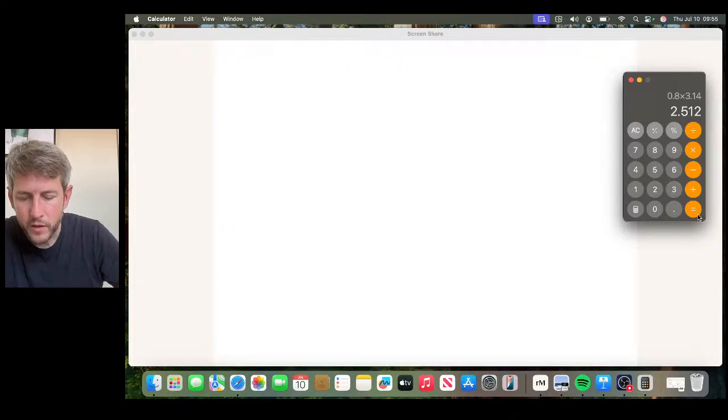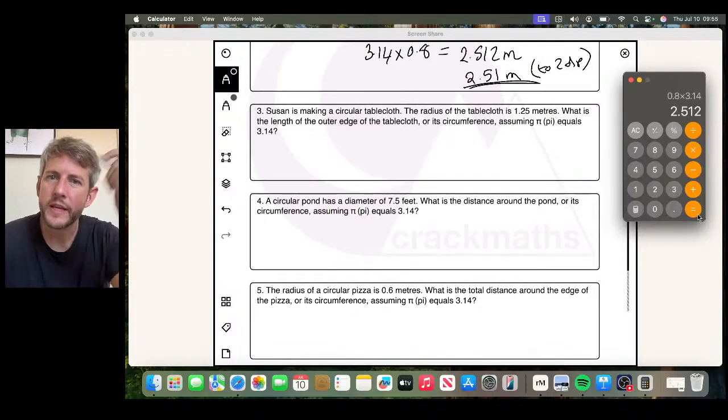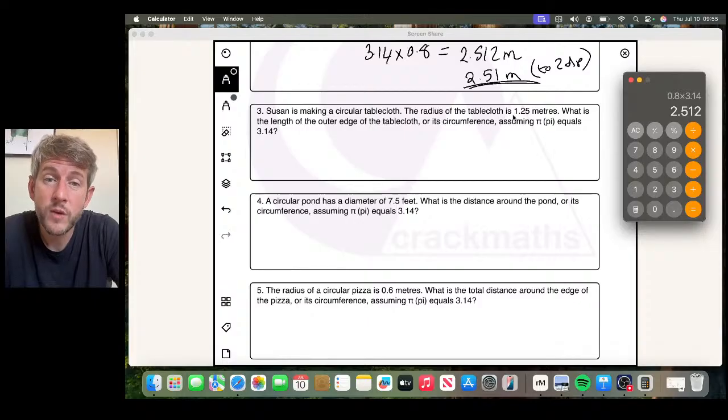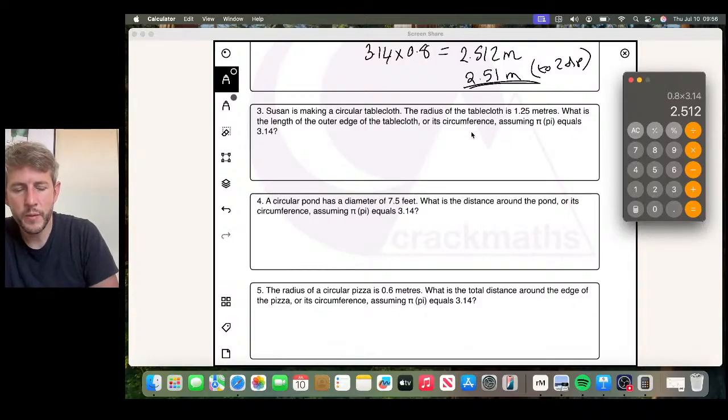Okay. Question 3. Susan is making a circular tablecloth. The radius of the tablecloth is 1.25 meters. What is the length of the outer edge of the tablecloth, or its circumference, assuming that pi equals 3.14? Okay, so again, the outer edge of a tablecloth would be its circumference. So here we go.